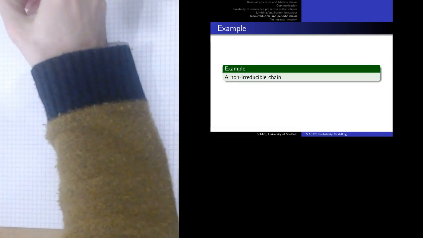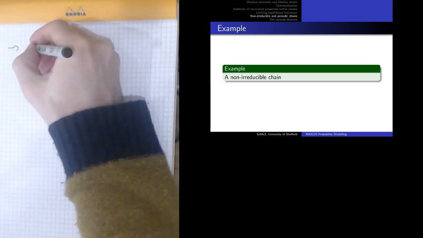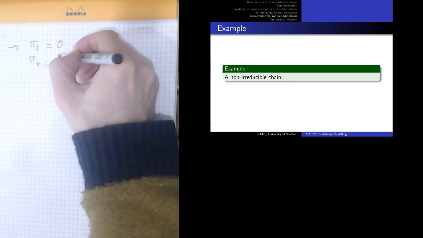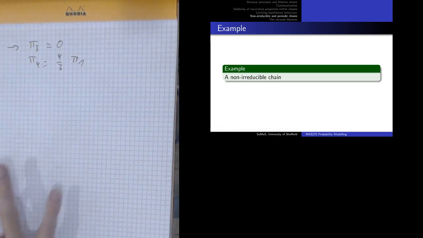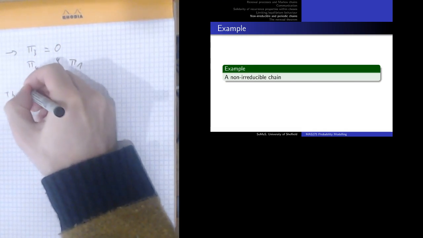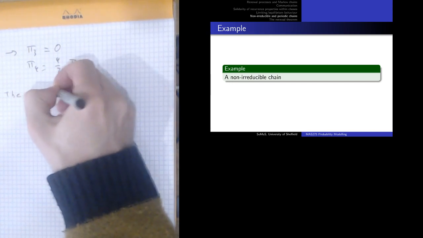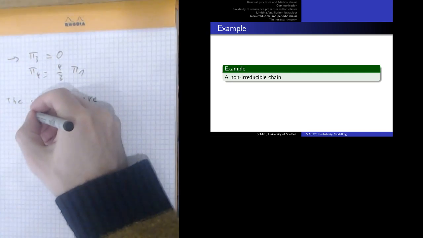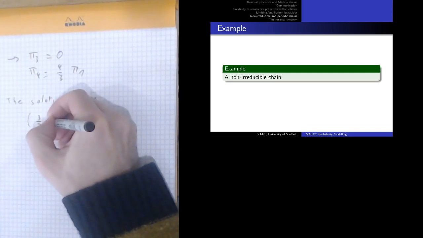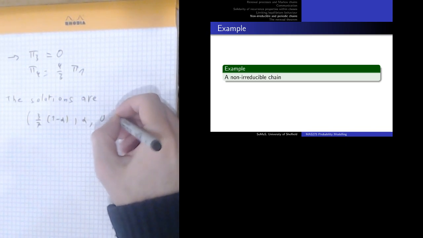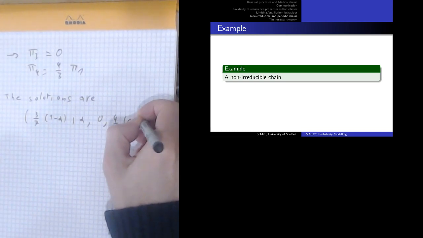So we get pi3 equals 0, pi4 is 4/3 of pi1, and everything else is free. Remember we want that the sum of everything is 1, so we end up with 1 degree of freedom, and the solutions are of the form, let's say like this, 3/7 of 1 minus alpha, alpha, 0, 4/7 of 1 minus alpha.